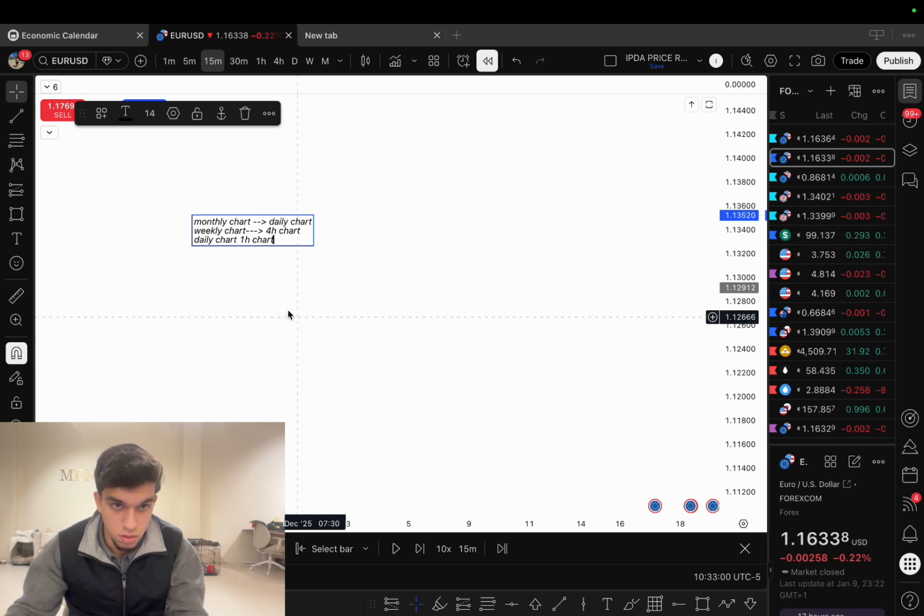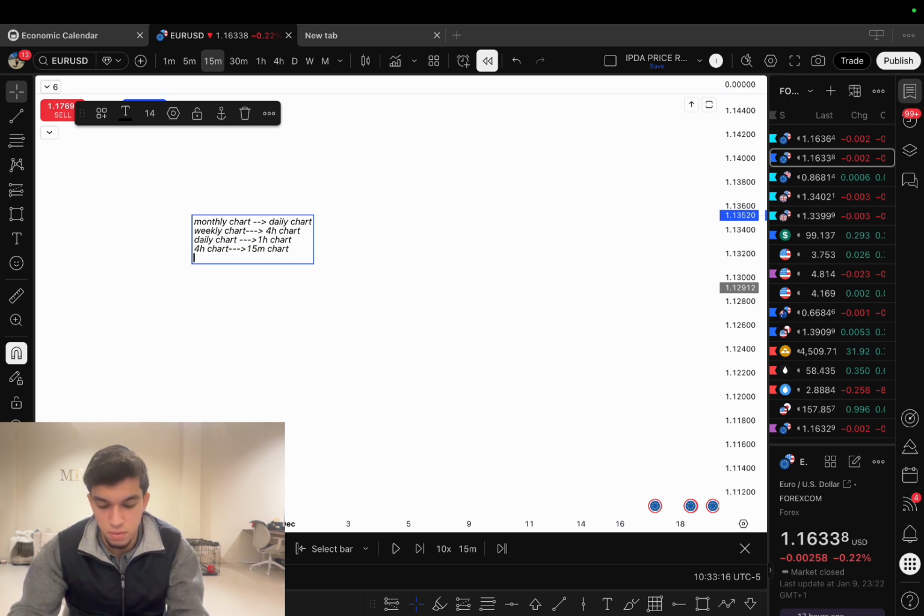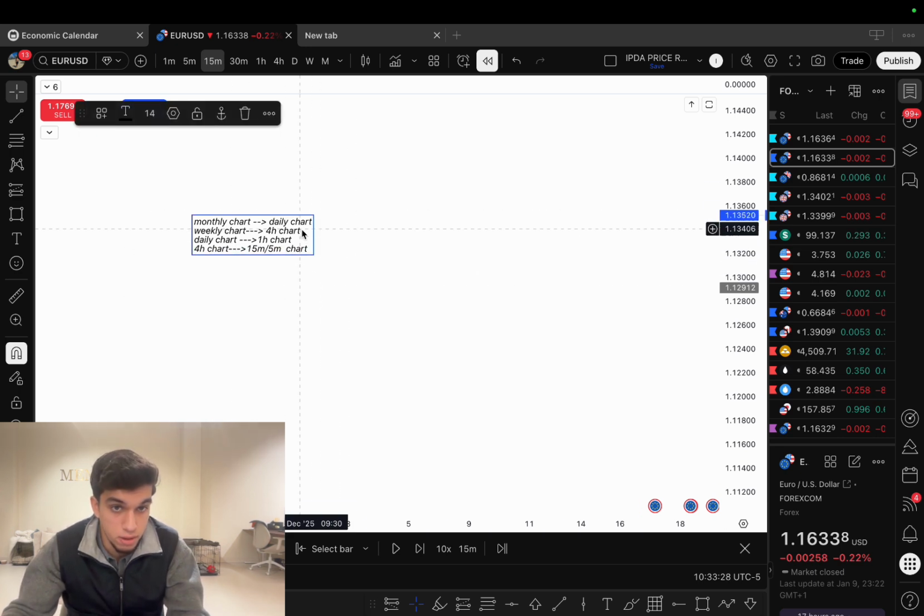Oh, I forgot to put this. 4 hour chart, 15 M. You can also use 1 minute, or yeah, I don't like to use 1 minute, but you can also put something like this. 5 minute chart. This time frame alignment you have to keep in mind.